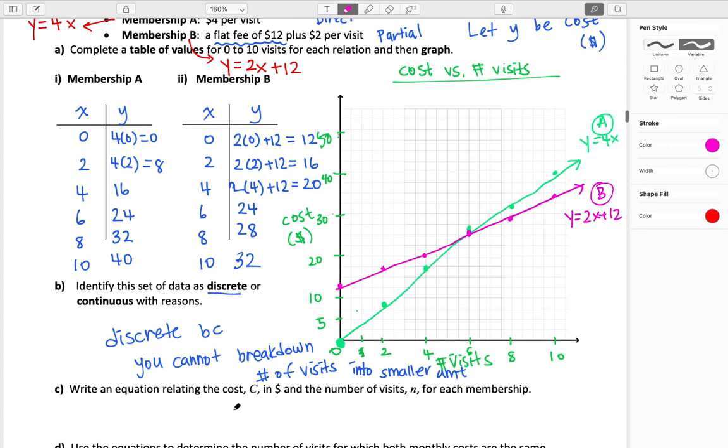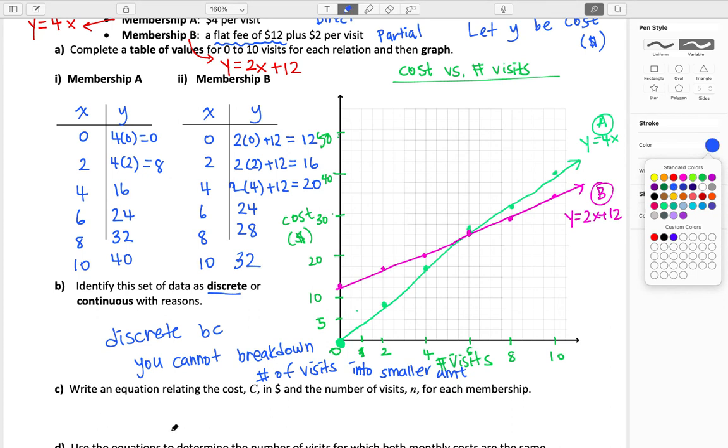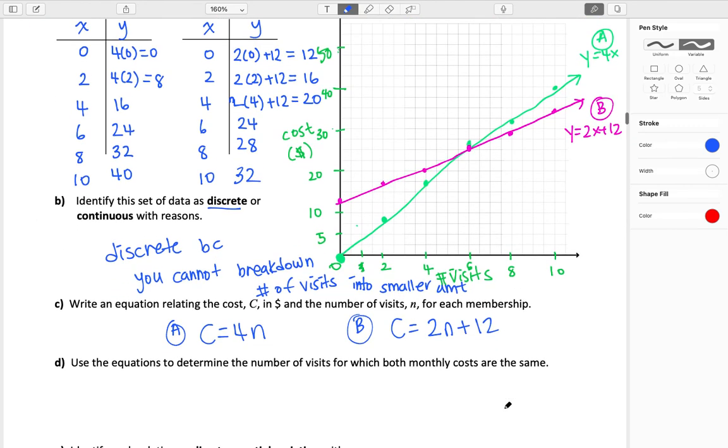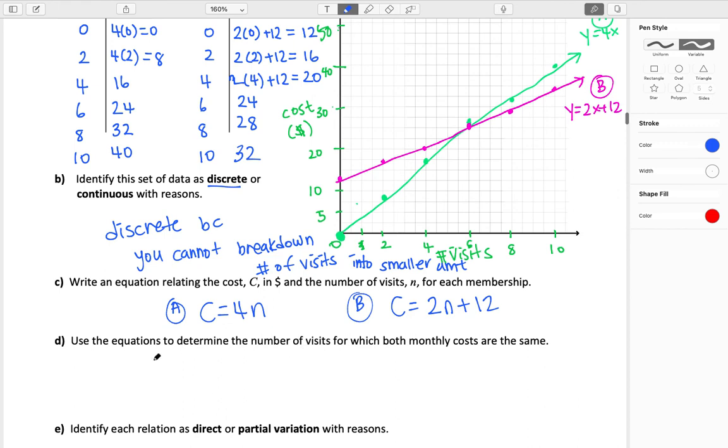So write an equation relating to the cost, C for dollar, and number of membership. Well, we already did that. So for the membership A, I could say that C is equal to $4 per visit, and for membership B is $2 per visit plus an initial fee. Now use the equation to determine the number of visits for which monthly costs are the same.